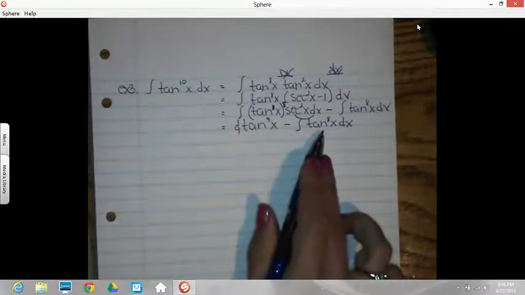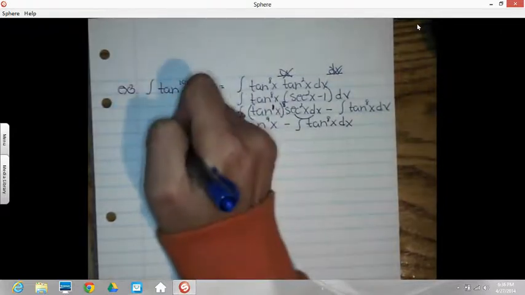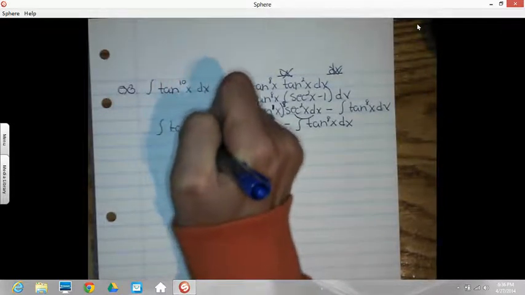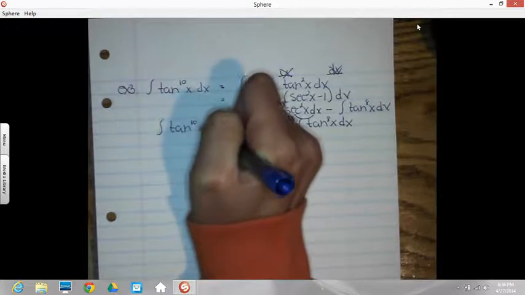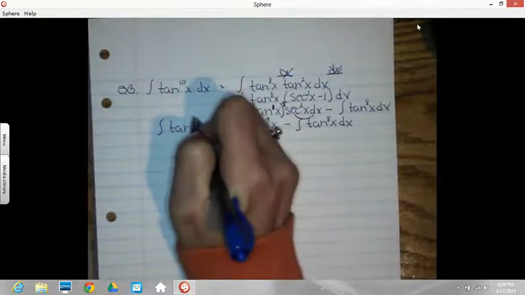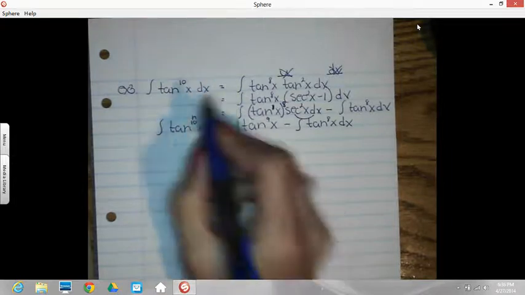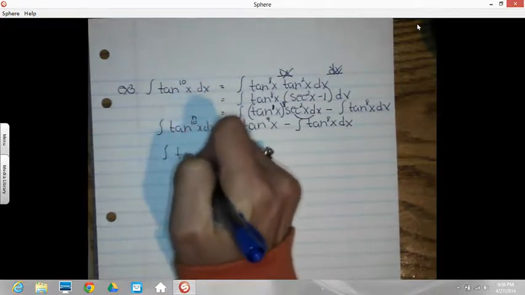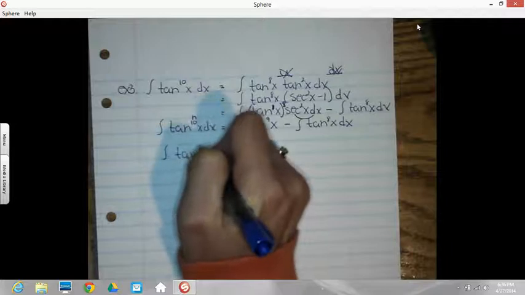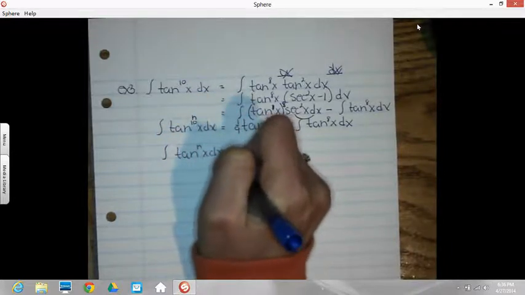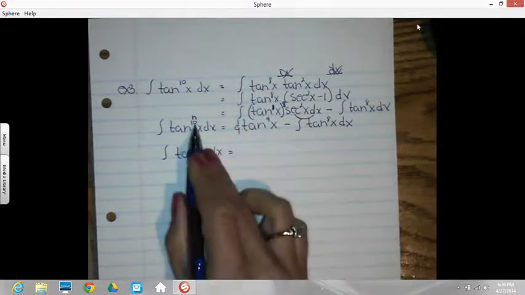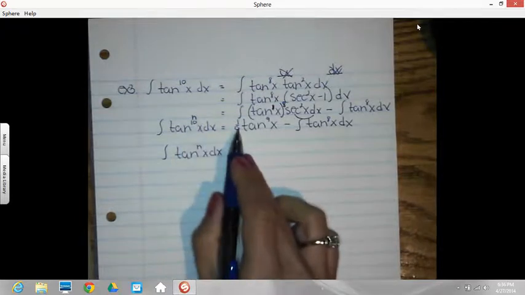Okay, so my reduction formula, remember, I'm guessing what the nth case is. We're going to prove it in a minute. N is a 10 in this problem. So I am guessing that the reduction formula for tan to the nth is, keeping 10 as n, I've got a 9, so that's n minus 1.